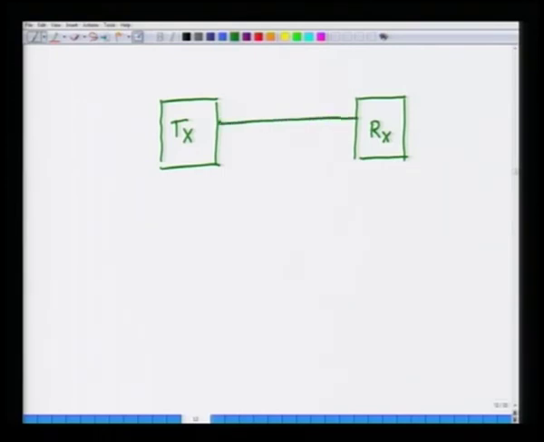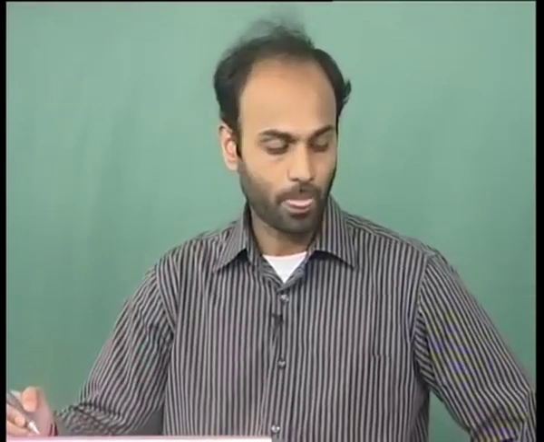This is not a wire, but a link. A link implies a port where we are transmitting data and another port where we are receiving data. You can also think of these in terms of antennas. Let us say I have one antenna where I am transmitting the data, and another antenna at the receiver where I am receiving the data. All right.